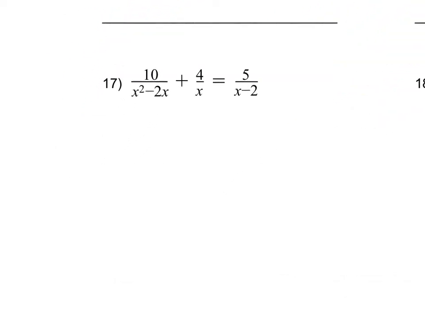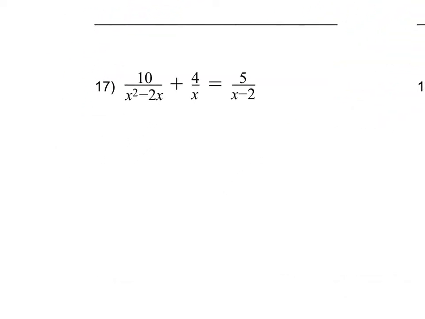Okay. On number 17, again, factor, factor, factor. I'm going to take out an x, and I'm left with x minus 2. So I have an x and an x minus 2. My first term is okay. I need to multiply my second one by x minus 2 on the top and bottom. And this one I need to multiply the top and the bottom by x.